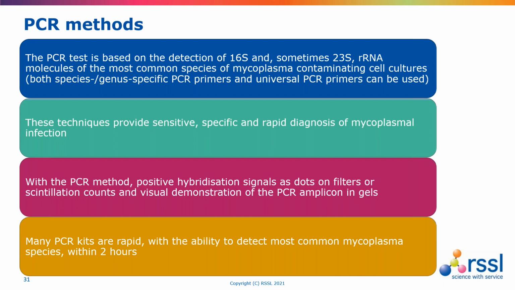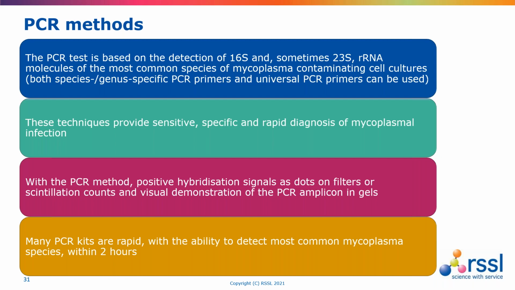And there are commercial test kits that use extracted RNA DNA mixtures for testing. A lot of the different commercial technologies on the market are now capable of producing sensitive, specific, and fairly rapid diagnosis of Mycoplasma contamination.